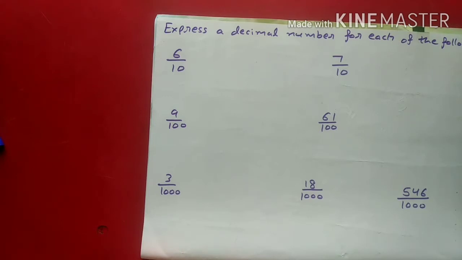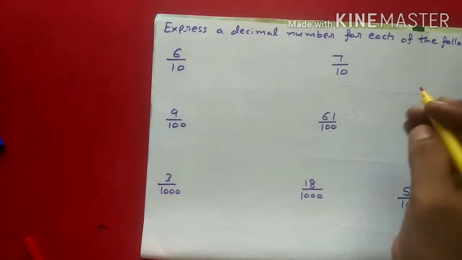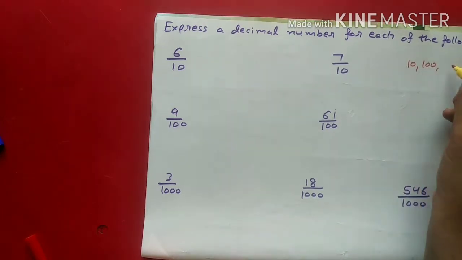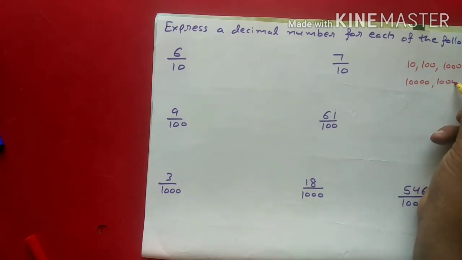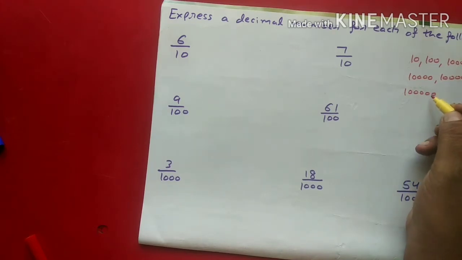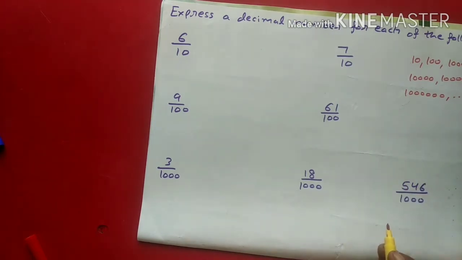Okay, where the denominators are of the type 10, 100, 1000, 10,000, lakh or 10 lakh. So if in the denominator there is 10, 100, 1000, 10,000 or 1 lakh and 10 lakh and so on, then these types of fractions are called decimal fractions.